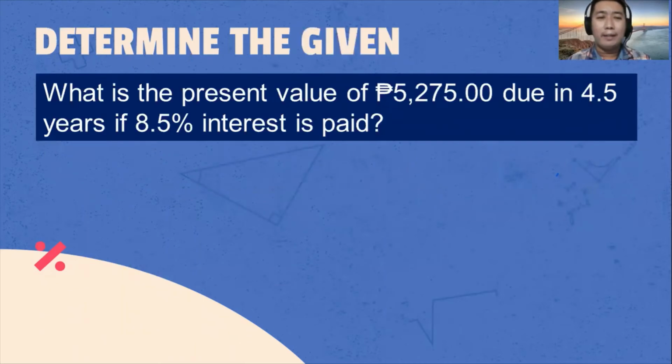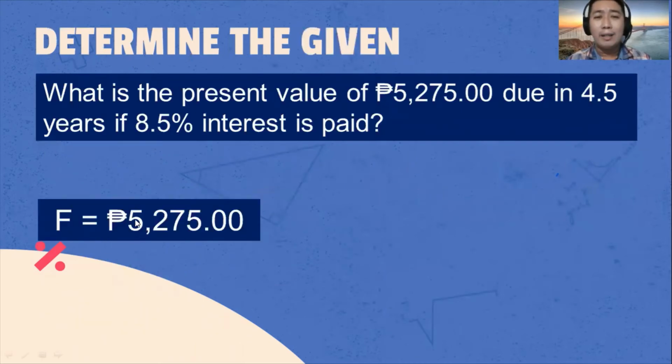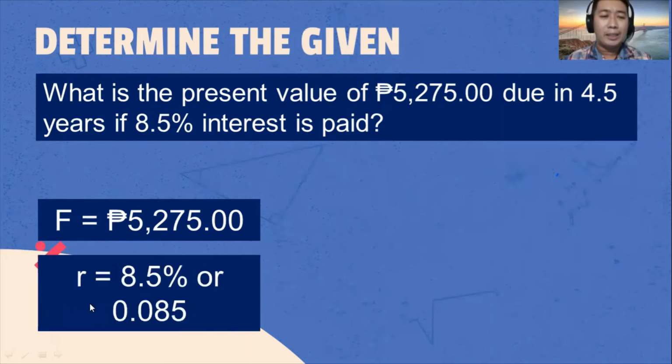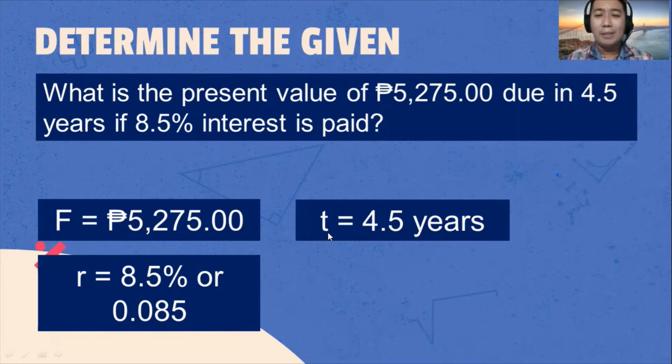What are the given? We have the final value or the maturity value, which is 5,275 pesos. We also have 4.5 years and an 8.5% interest rate. That is, rate is equal to 8.5% or 0.085, and time is equal to 4.5 years.